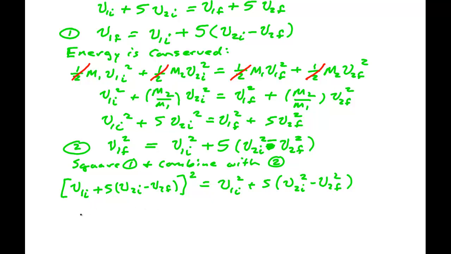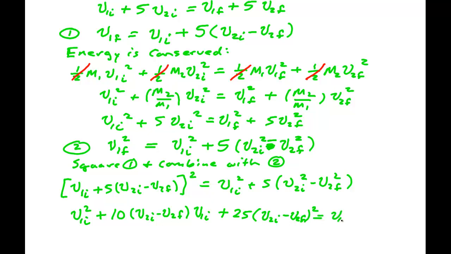Now let's see. I have v1I squared plus this times that times 2, 10 times v2I minus v2F times v1I, plus the square of the second term, 25 times v2I minus v2F squared, is equal to v1I squared plus 5 times v2I squared minus v2F squared.